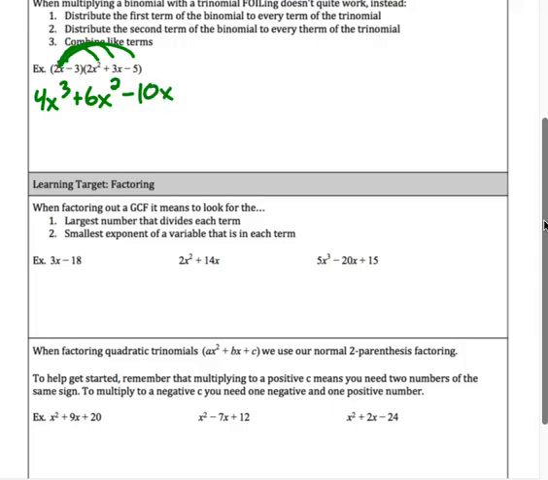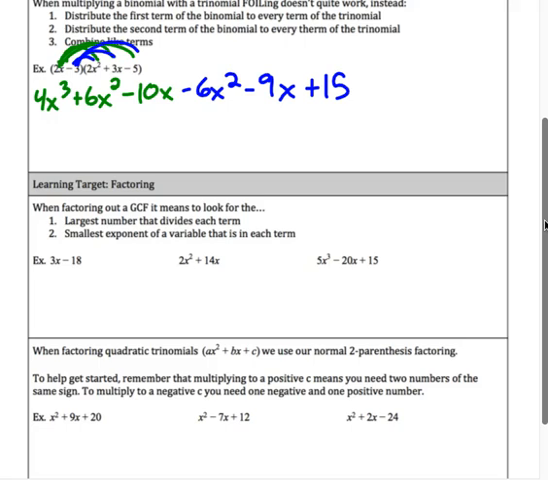So I distribute the first thing to everything in the second parenthesis. And then I do the same thing with the second thing. I distribute it to everything in that second parenthesis. So we get a negative 6x squared, negative 9x, and plus 15.